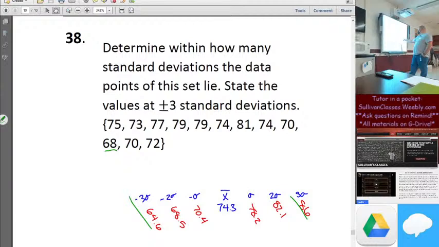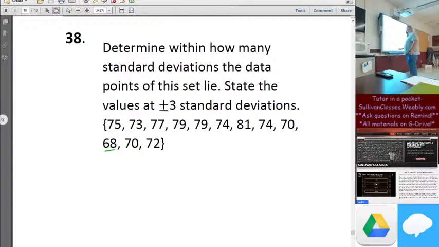The highest that I see is an 81. So all of my data falls right there. It went 3 standard deviations out. You always count the biggest in either left or right. If you're going to make the normal curve, you just extend your bars up and actually make the distribution.